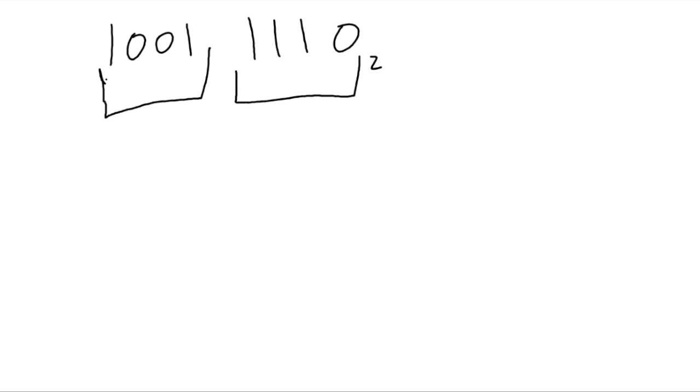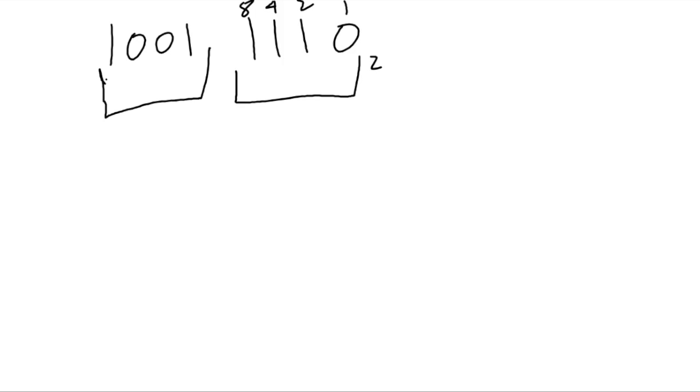So we can add these all up. We can think of this as our 1's place, 2's place, 4, and 8. We add this all up. This is 12. This is 13. So what's 13 in hex?